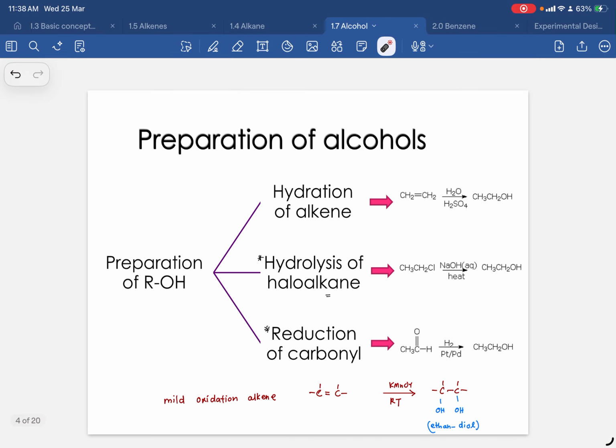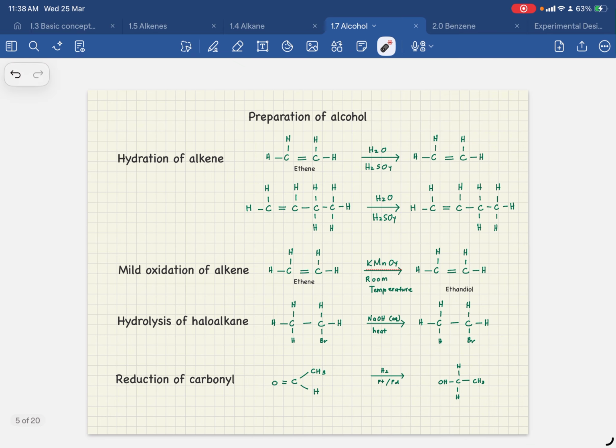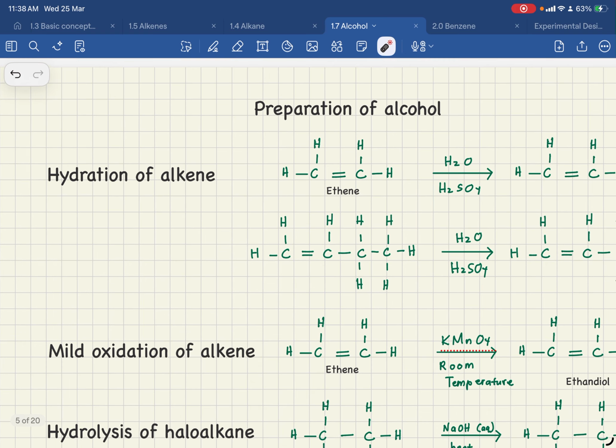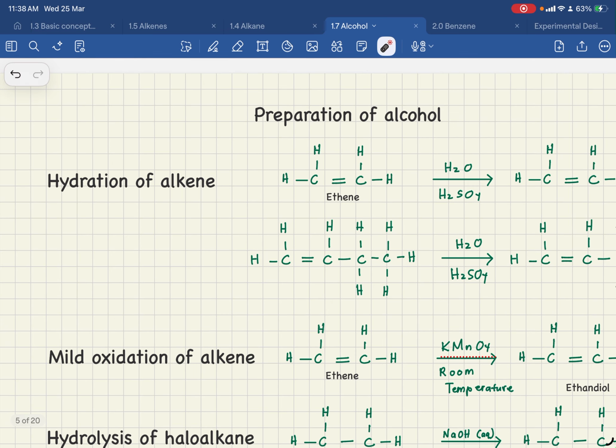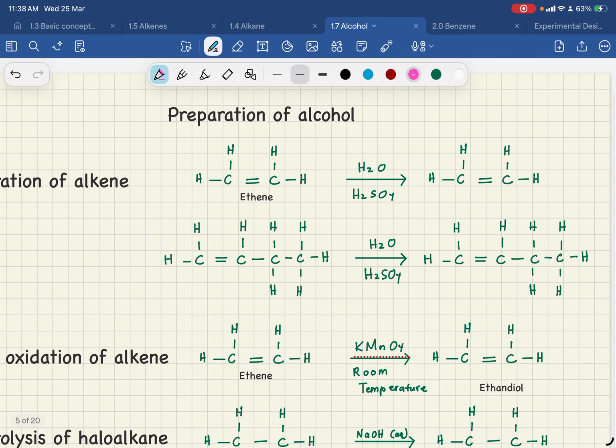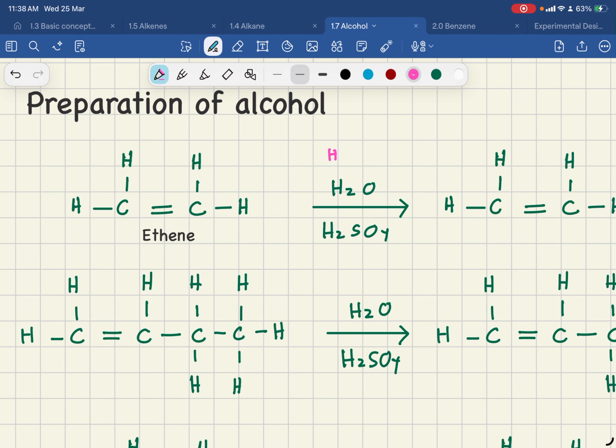Next, we are looking at the preparation of alcohol. There are four ways we can prepare alcohol. The first one is hydration of alkene, meaning we add water to our alkene, that is, we add H plus and OH.